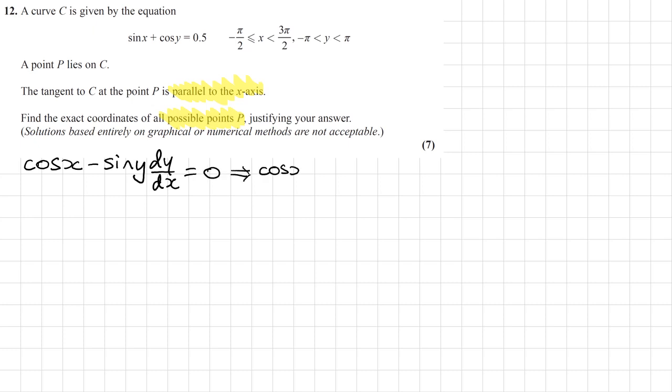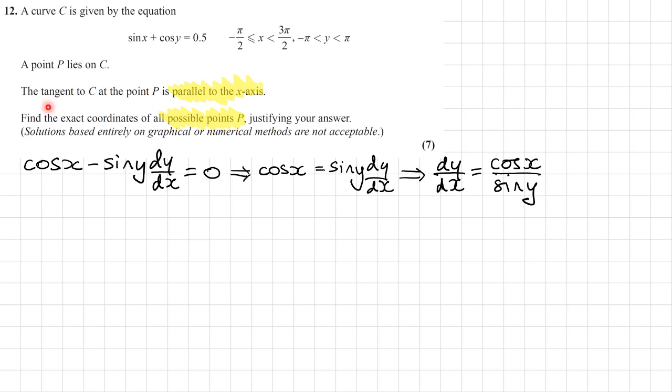I'll rearrange it to make dy/dx the subject. So I'll start by doing cos x is equal to sin y dy/dx. And that will give me dy/dx is equal to cos x over sin y.